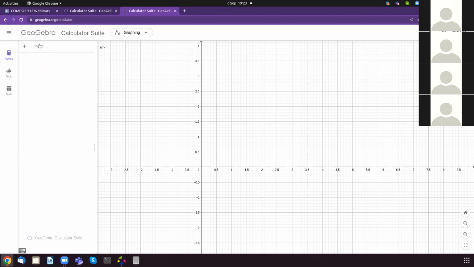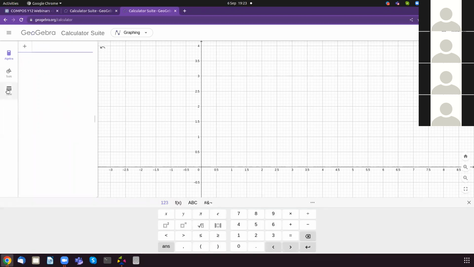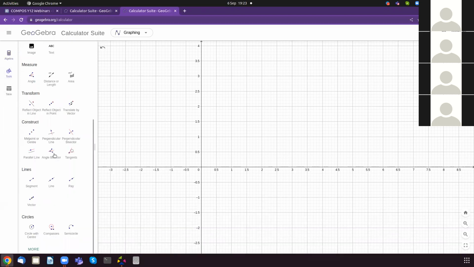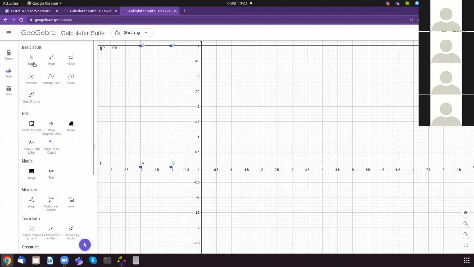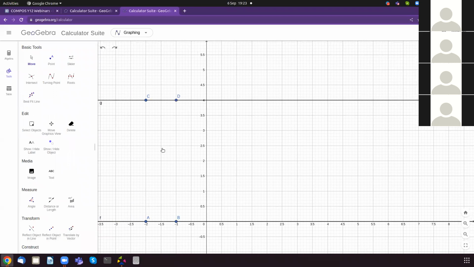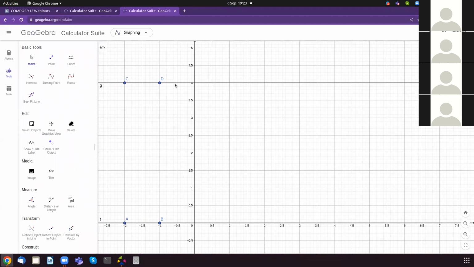So let's say you have a line. So I'll just draw a line. This is the shore, and this is the other shore. Okay. Just make it greener and thicker.